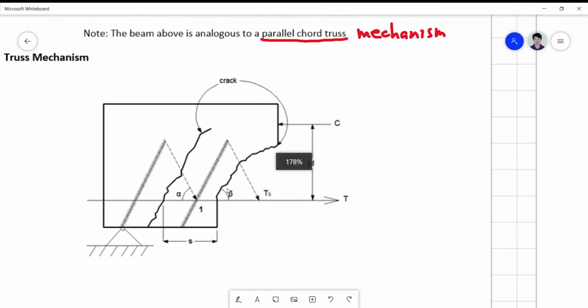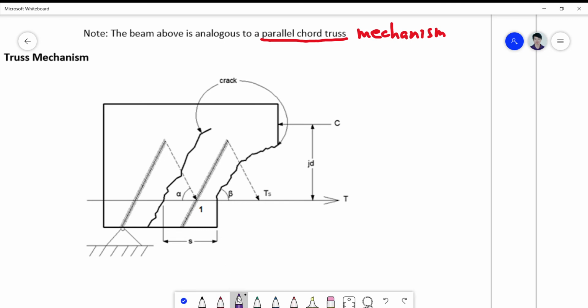And if we take a look at the mechanism now here, we can see here the crack angle. So this is alpha. Sorry, the crack angle, which is beta.